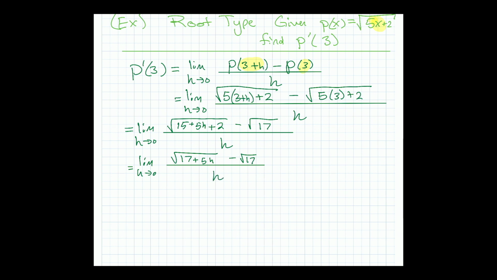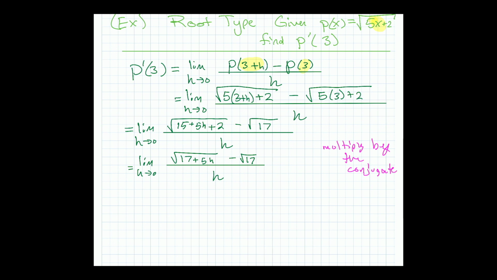So I just added the 15 and the 2 there. Now you have to remember what to do here, and you have to think back to when we did limits, and the key for doing this was when you had this kind of thing going on, you were going to multiply by the conjugate, right? So these are not new issues.